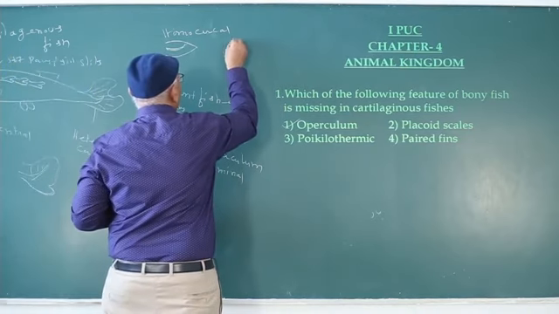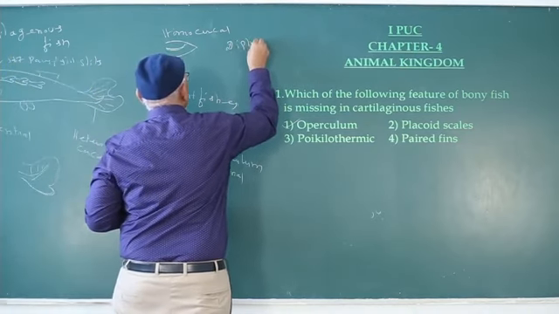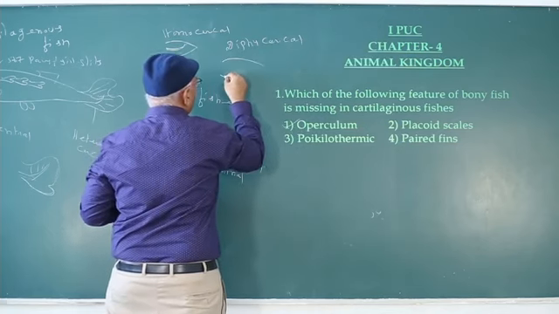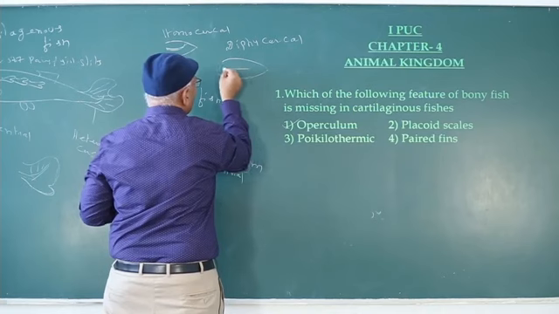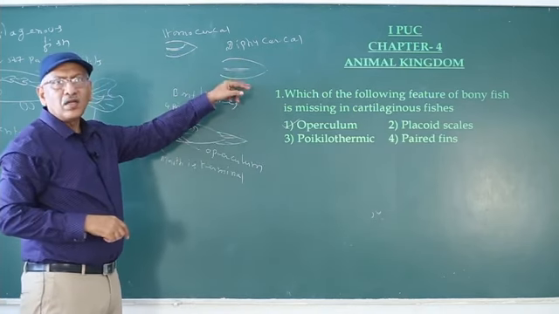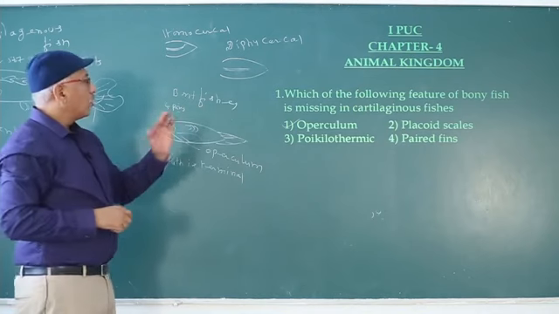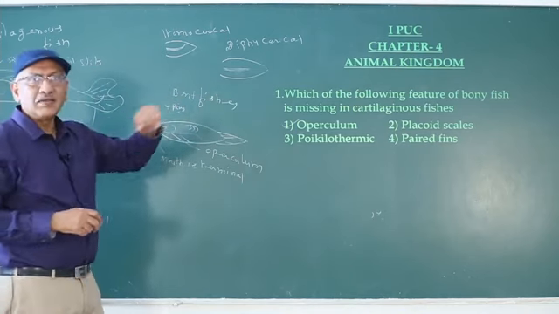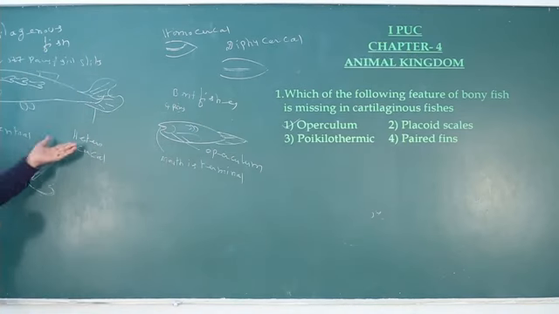In diphycercal caudal fin, vertebral column extends neither into dorsal nor into ventral lobe. So in bony fishes, caudal fin is either homocercal or diphycercal. In cartilaginous fishes, caudal fin is heterocercal.